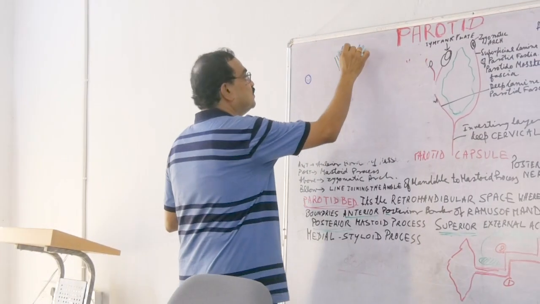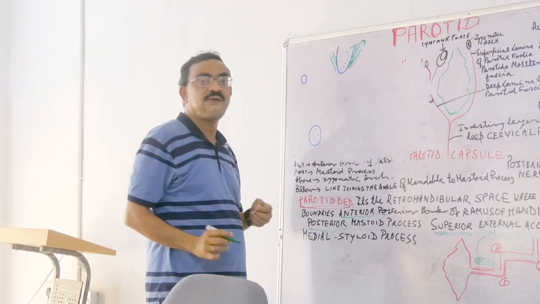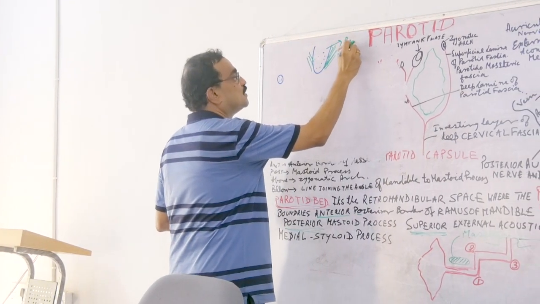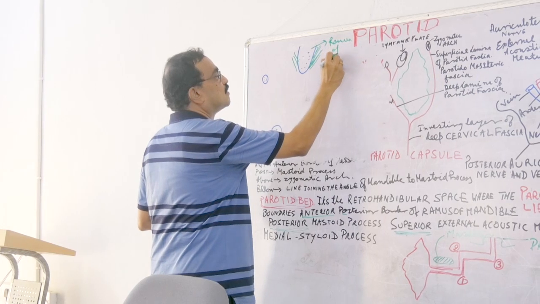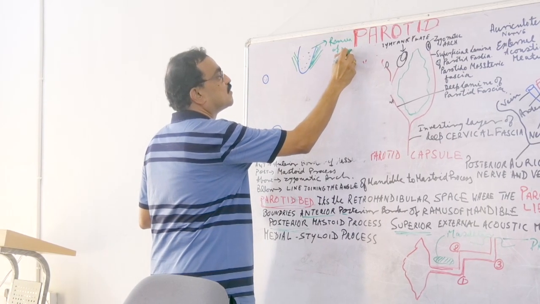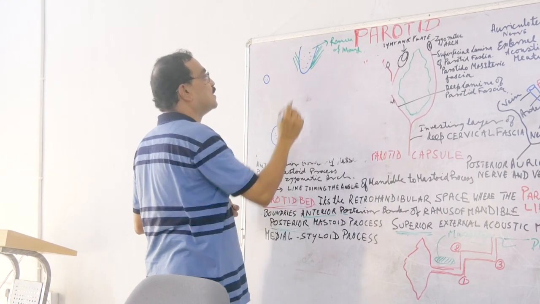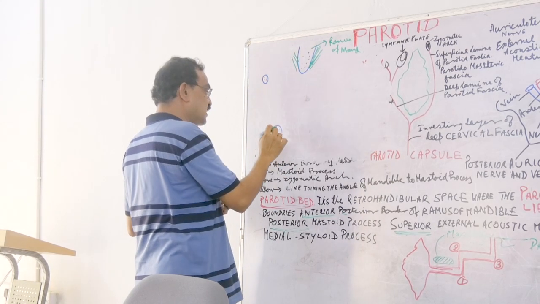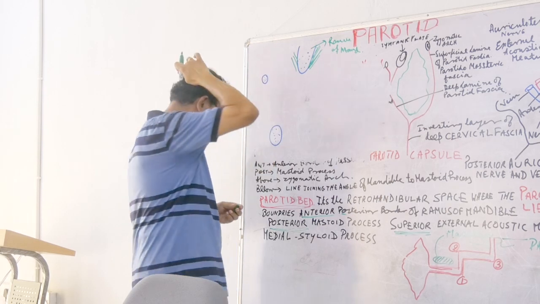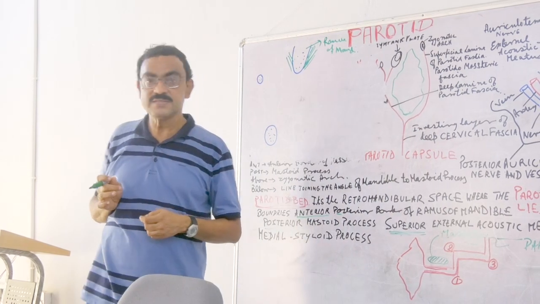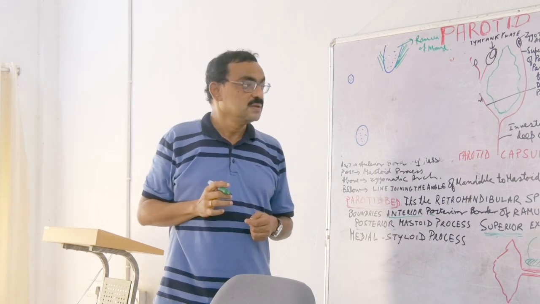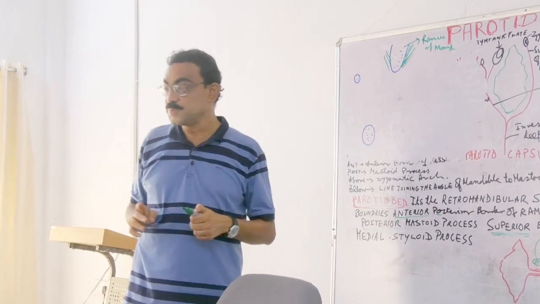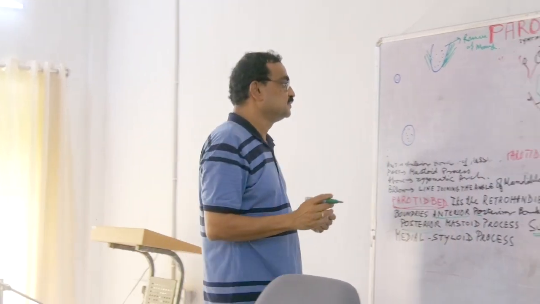So, what is this? Ramus of the mandible. Okay. And here, in the styloid process, there are attachments of three muscles.